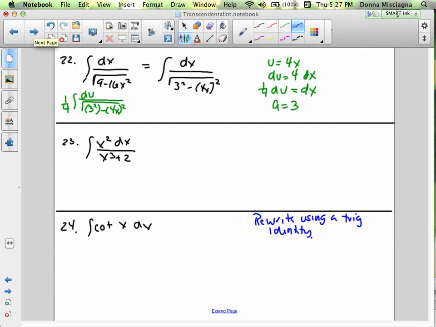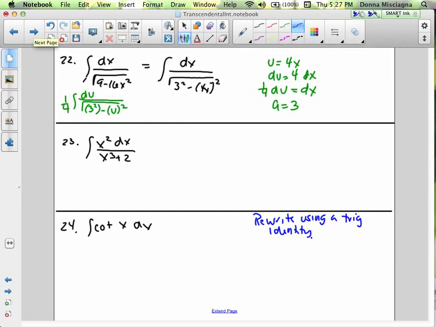It's our thing. 1/4 arcsine, and that will be 4x divided by 3. Oh, excuse me. Not yet. I didn't substitute. I'm sorry. Well, I'm thinking ahead. I didn't substitute back here either. U squared.